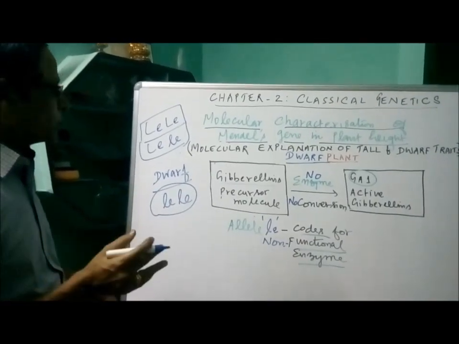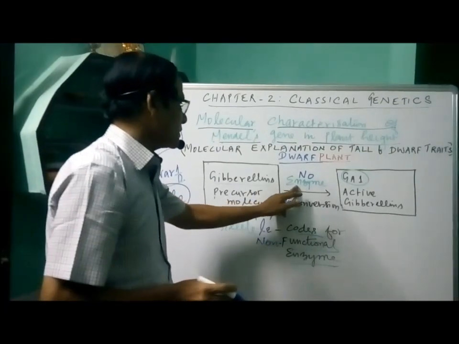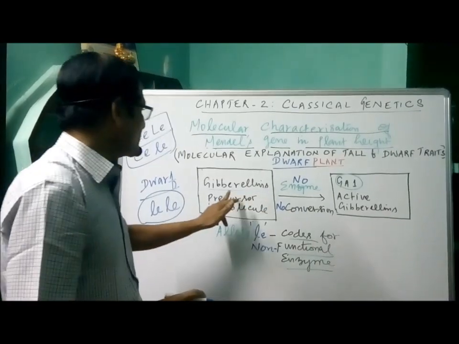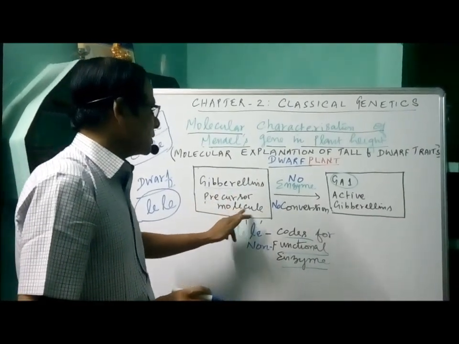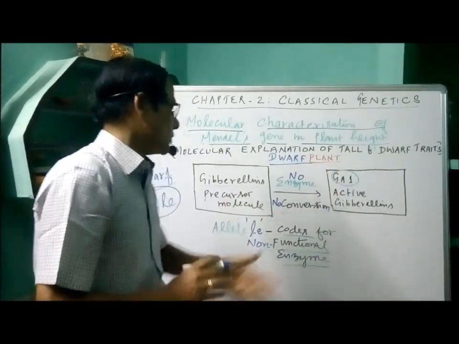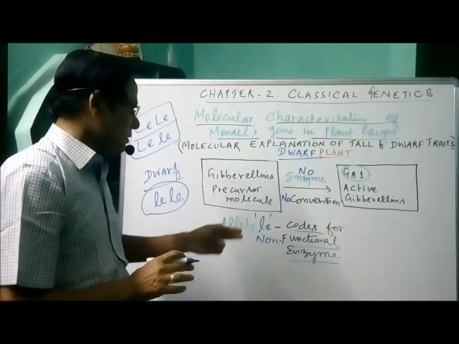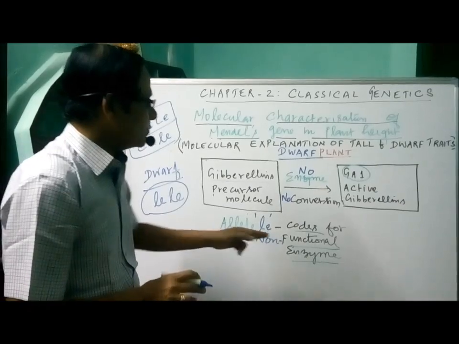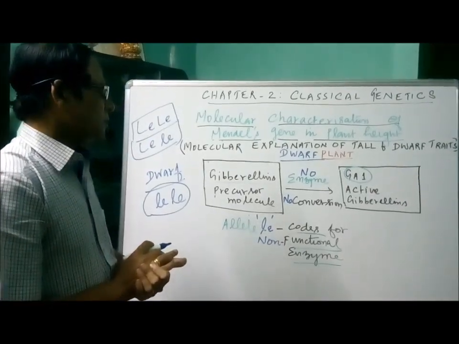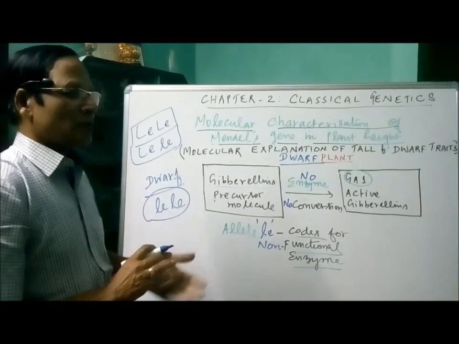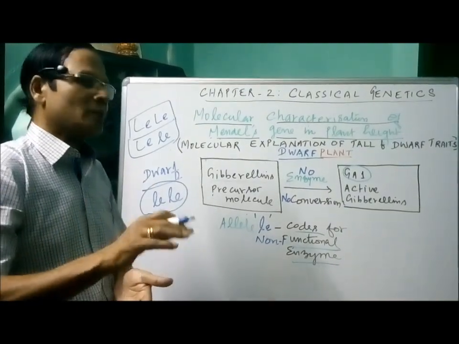So there is no formation of enzyme, no enzyme production. As such, there is no conversion of gibberellin's precursor molecule into active gibberellin GA1. Now the recessive allele le codes for a non-functional enzyme. So there is no functional enzyme produced. This is because of the presence of the recessive allele and the absence of the dominant allele.